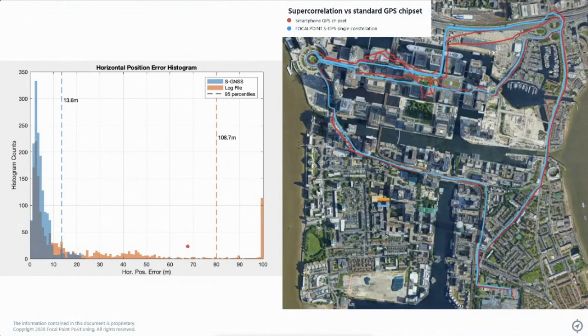The plot on the left shows the histogram of the errors of the two. FocalPoint returned position fixes with a 95% confidence bound at 13 meters, whereas traditional processing's 95% confidence bound is out at over 100 meters of error. And of course, you can see on the map the times when the normal positioning was really bad because of the reflections in the urban canyons.